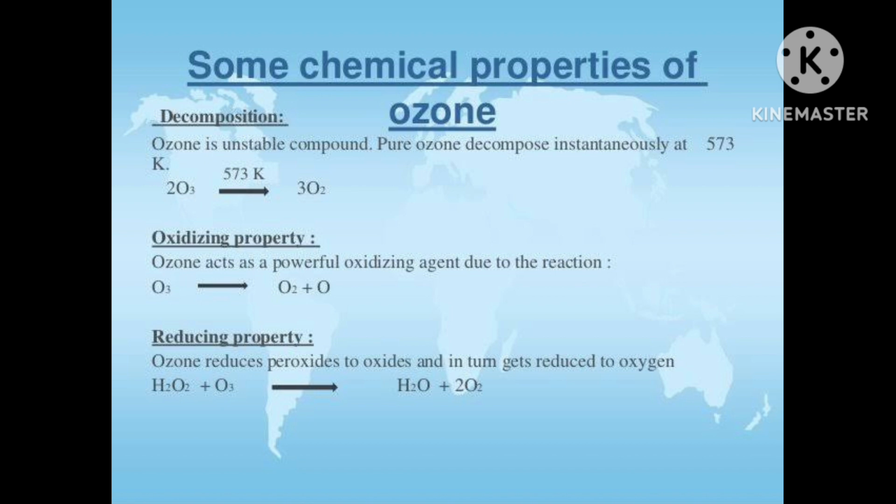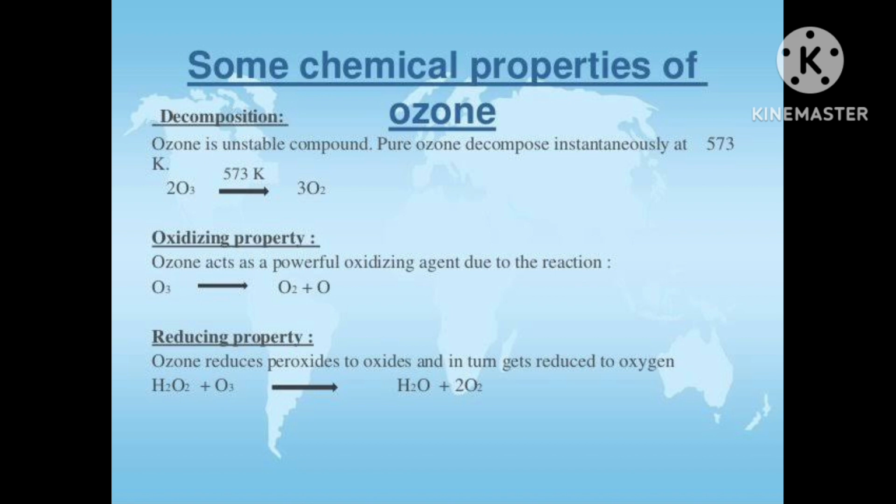When a slow dry stream of oxygen is passed through a silent electrical discharge, conversion of oxygen to ozone occurs. It will give only 10%. The product is known as ozonized oxygen.